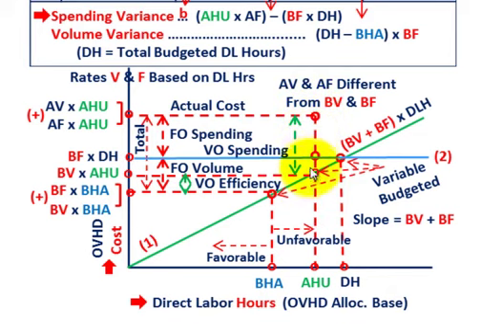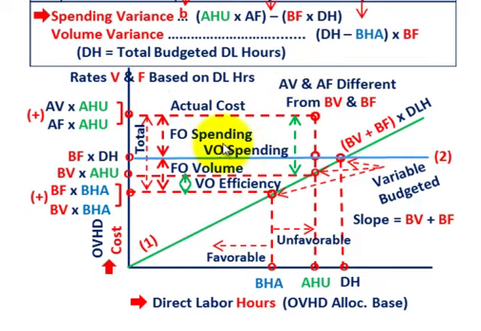It's just where they intersect these different lines, the green line, the blue line, then our actual cost up here. That's why I'm saying we could combine the fixed overhead spending and variable overhead spending into one rate, because it's all based on our actual hours used versus our actual rate.